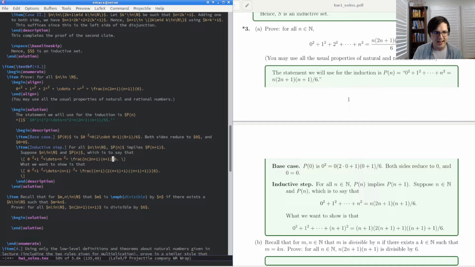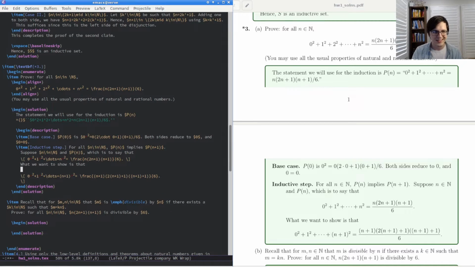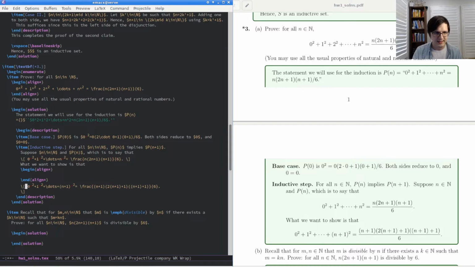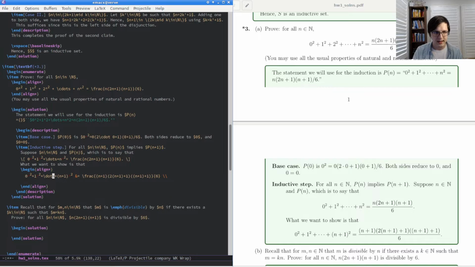So I used the slash because I was doing it inline. It's a little bit better. And let's simplify that since it still is a mess and I think we want to simplify it anyway. So I'm going to use the align environment and then take this and just do the calculation right here.